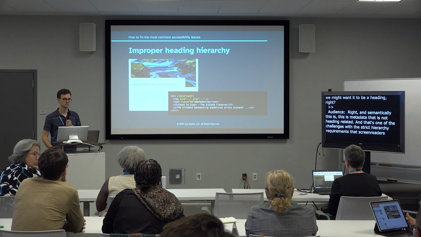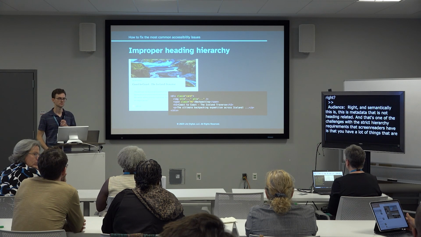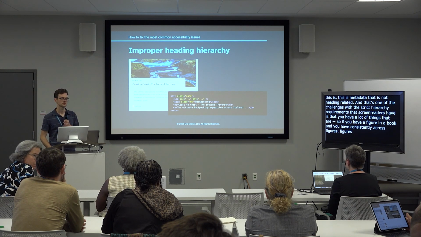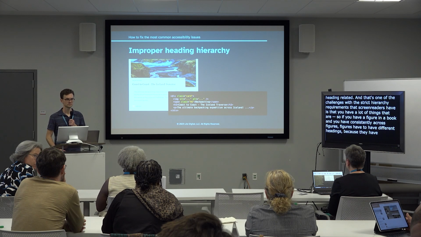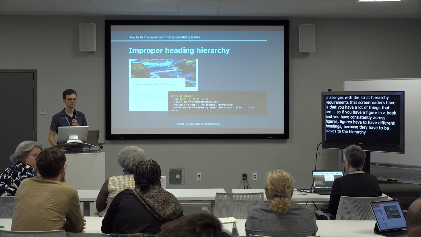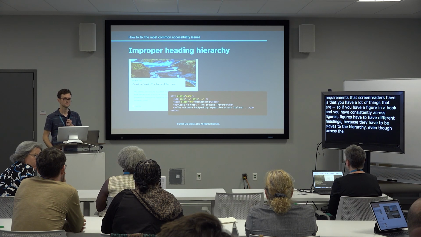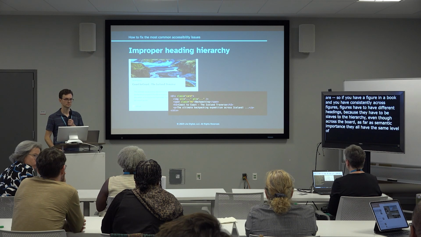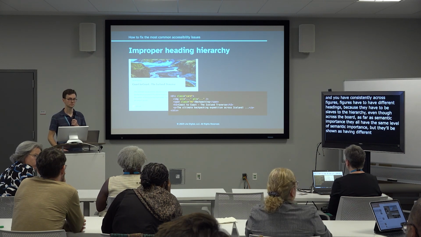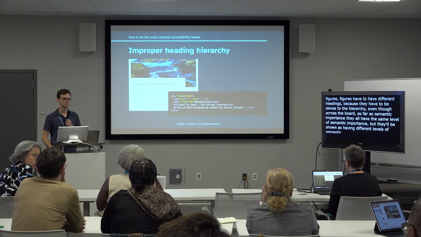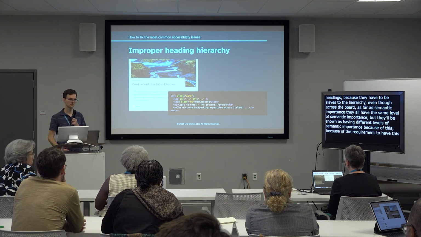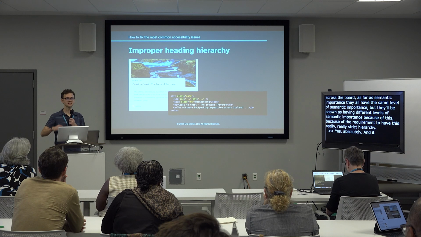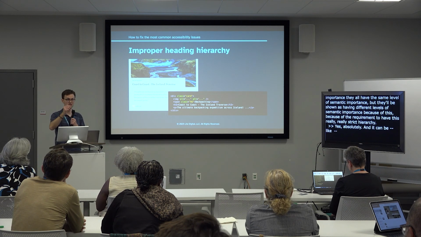If you have a figure in a book, consistently across figures you have different headings because they have to be slaves to the hierarchy, even though as far as semantic importance, they all have the same level, they'll be shown as having different levels of semantic importance because of the requirement to have this really strict hierarchy. Yeah, absolutely.